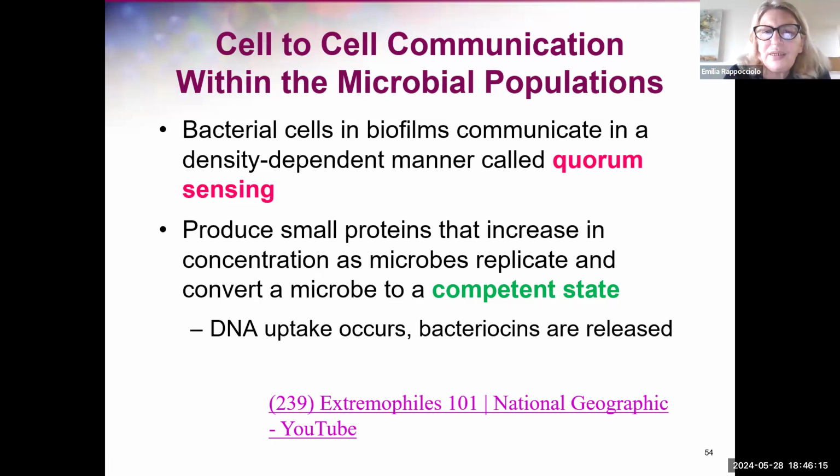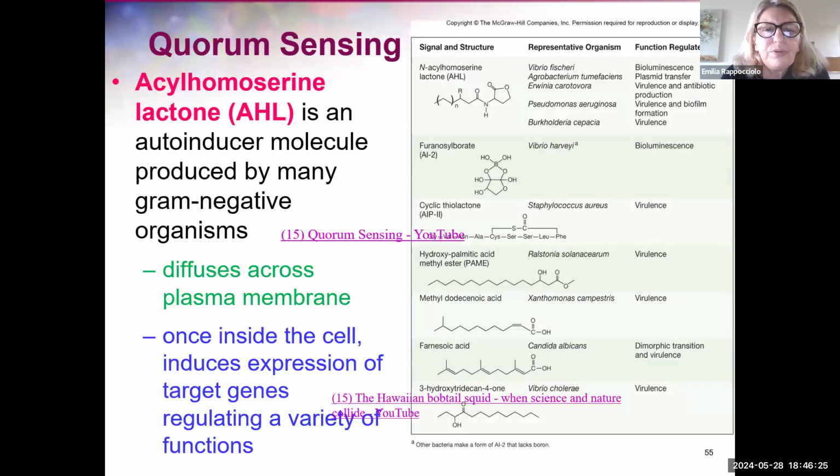They can pick up DNA, they can release antimicrobial agents that might kill bacteria of a different species, yeah? So they kind of protect each other, and this mechanism was discovered in gram-negative cells first, in Pseudomonas aeruginosa.